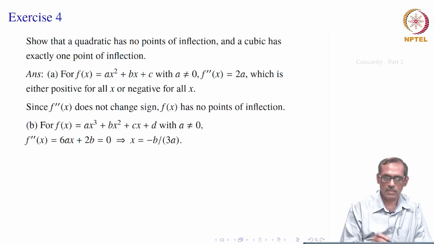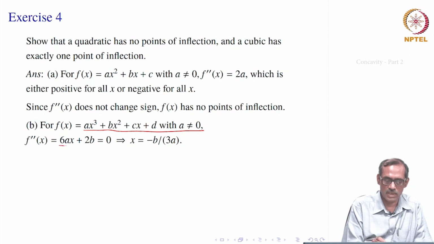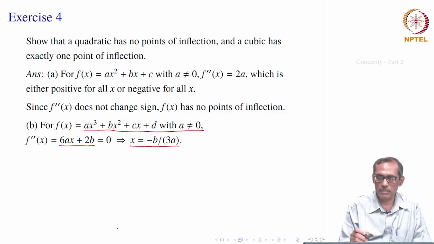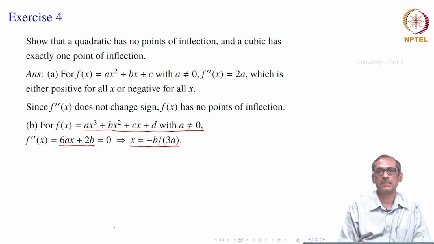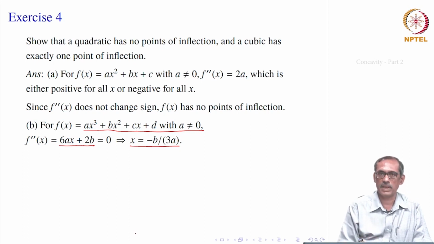Now, suppose you take a cubic a x cubed plus b x square plus c x plus d with a not equal to 0. Then you find that f double prime of x equals 6 a x plus 2 b. That gives x equal to minus b by 3a. It is a possibility that there is a point of inflection at x equal to minus b by 3a. It shows that there is at most one point of inflection.